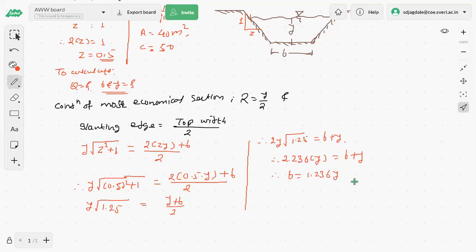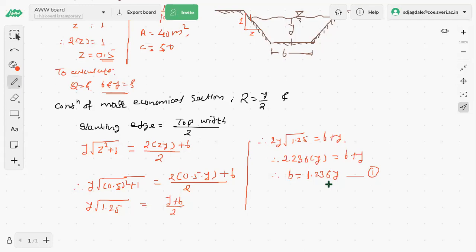Is it correct? Yes, sir. Give it as equation number 1. So we got the relationship between B and Y as B equal to 1.236Y, but till now we have not got the magnitude for Y.